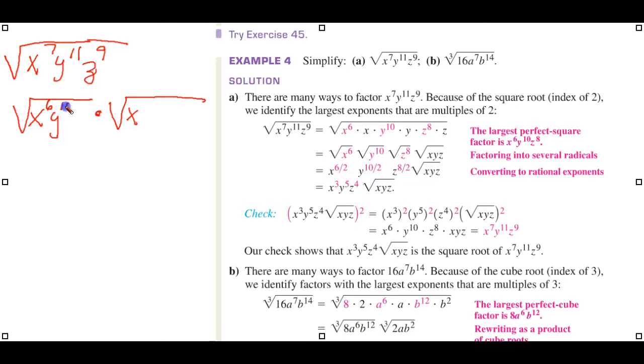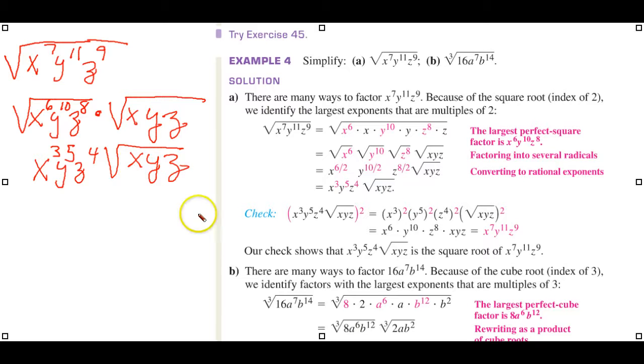Y to the 10th, and then anything left over. And then z to the 8th, anything even would be a perfect square, and then 1z. So then this becomes, just dividing all of these by 2, x to the 3rd, y to the 5th, z to the 4th, and then the square root of xyz.